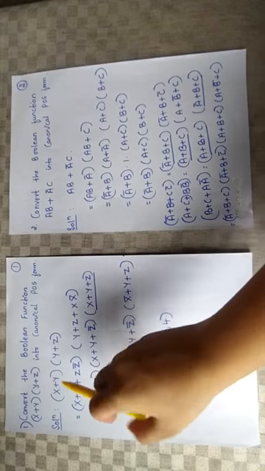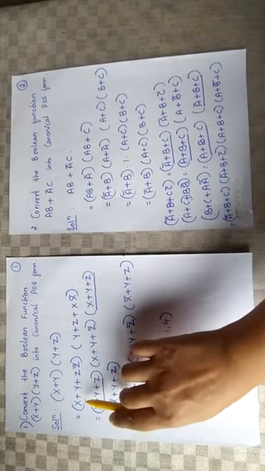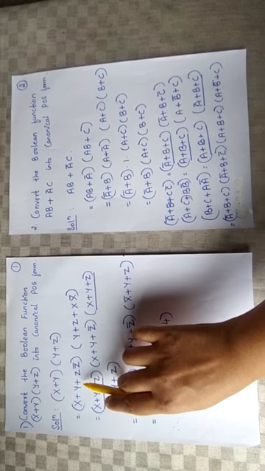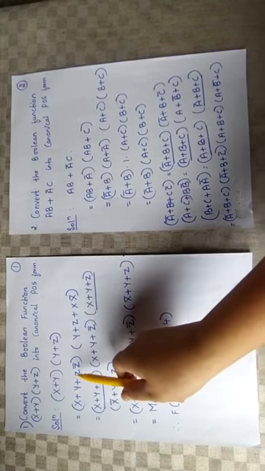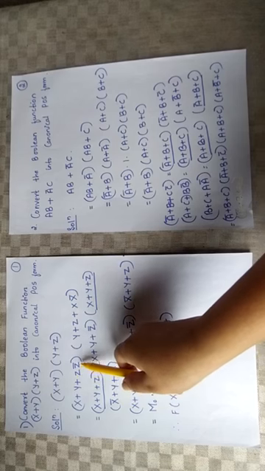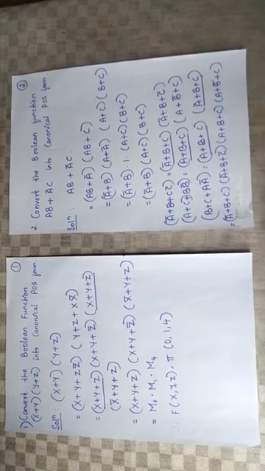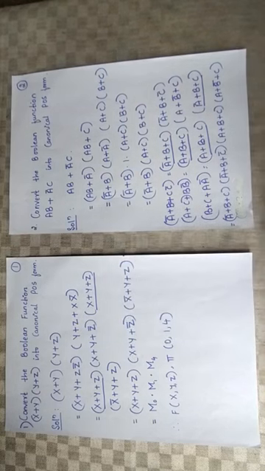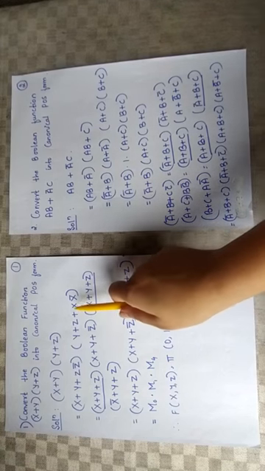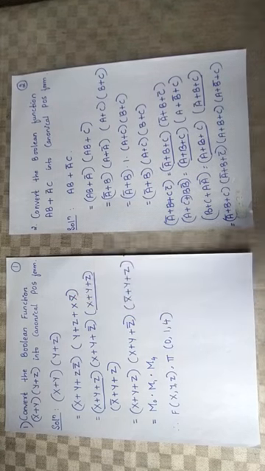So the next step: I take x + y + z·z', since z is missing here. Coming to the next term, y + z, in this term x is missing, so we add x·x'.